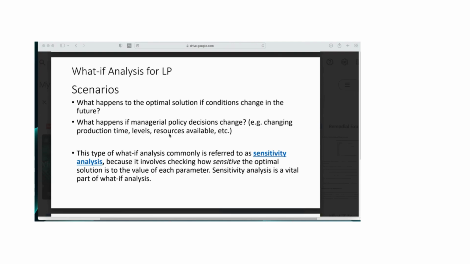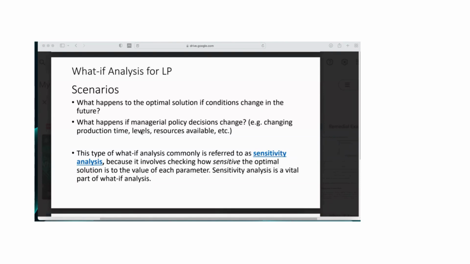It acts as a constraint. So these are constraints. In this case, the managerial policy decisions would impact certain constraints, like those pertaining to the availability of resources, the shortening or lengthening of the production time, the increase or decrease in the output level.